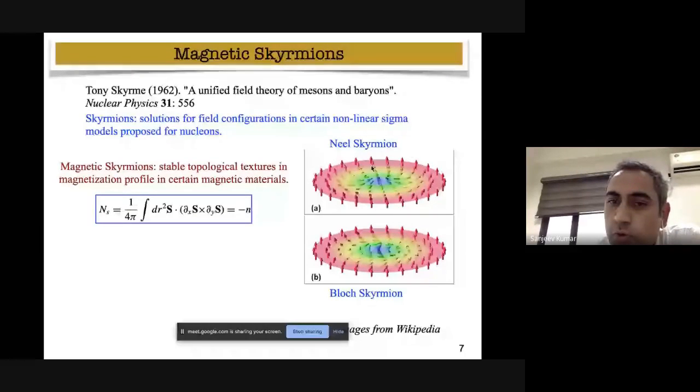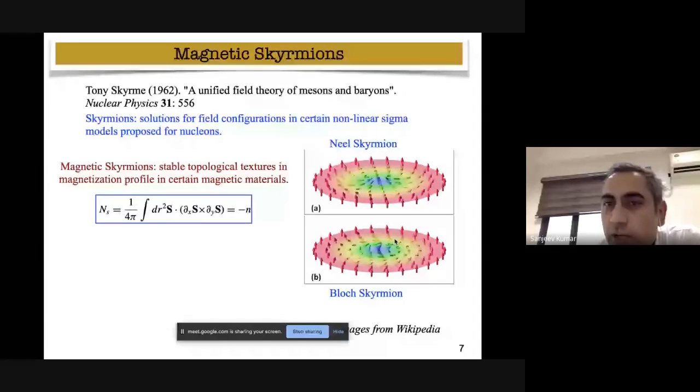On the other hand, if you look at the block skyrmion, the spins are orienting in such a way that they also have an angular character to their orientation. And if you come to a point where the spins are in plane, their orientation is actually in the theta cap direction.